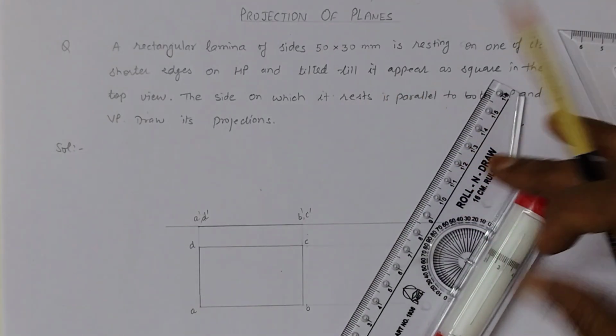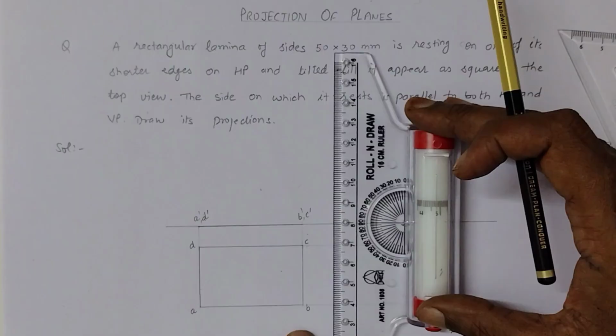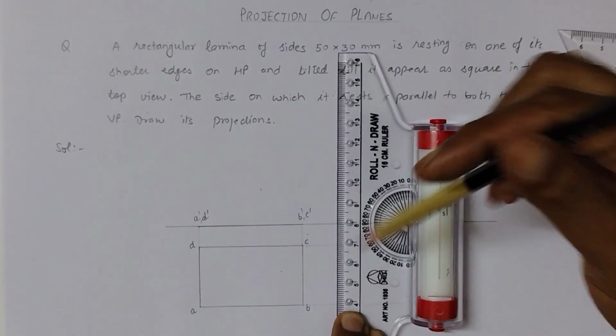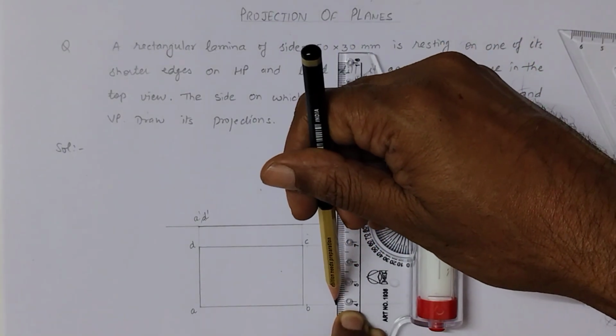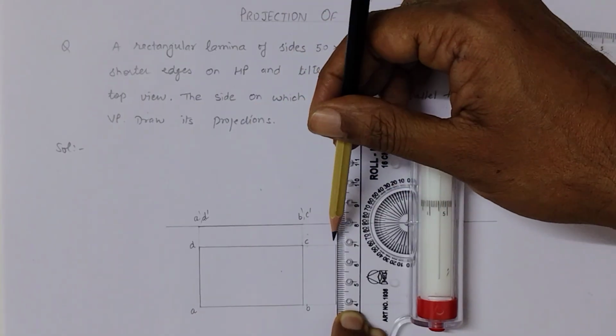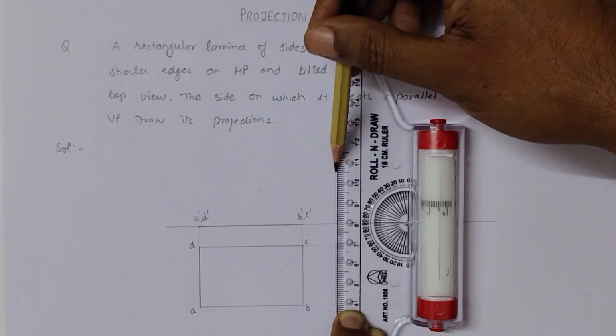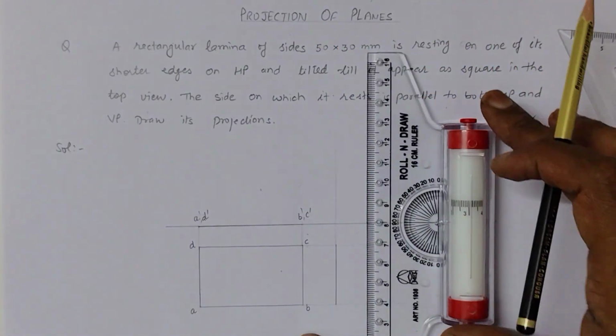And now, because we have to draw the square, just drag this line to represent the edge and draw the projector on the upside.